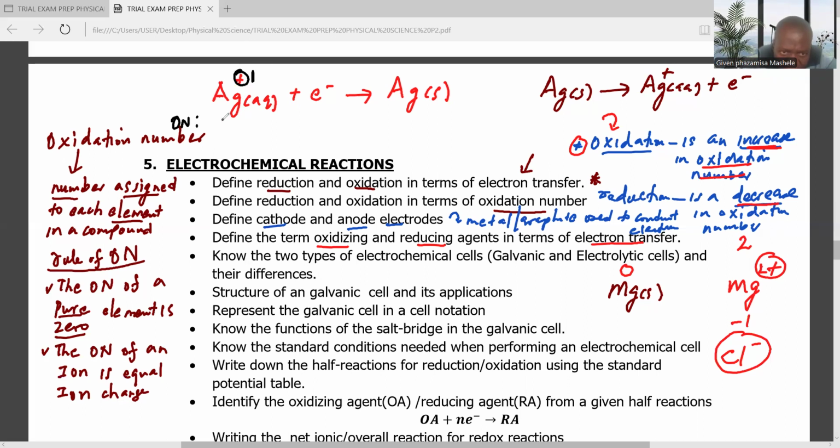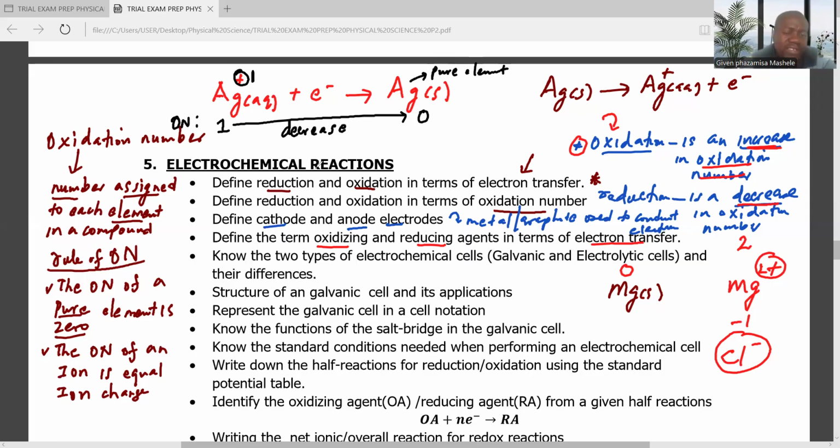It's +1, because I said the oxidation number of an ion is the ion charge itself. But this one is now a pure element, because it's a solid pure element. And what is the oxidation number of a pure element? 0. Now let's check. The oxidation number moves from +1 to 0. Is the oxidation number decreasing or increasing?